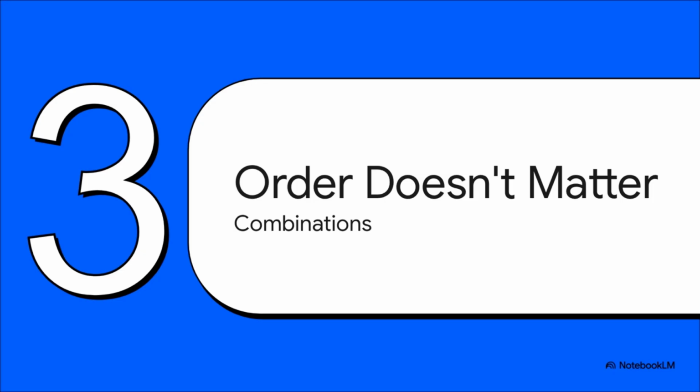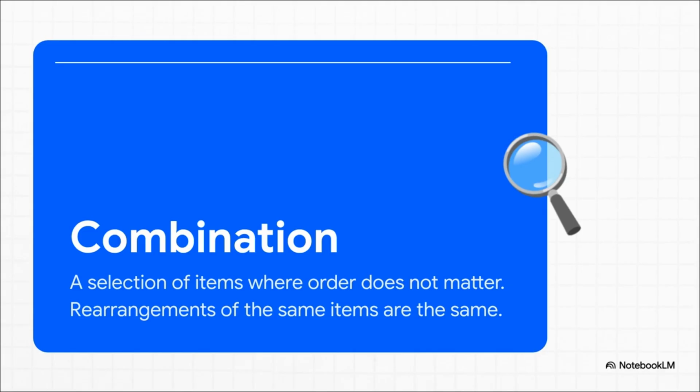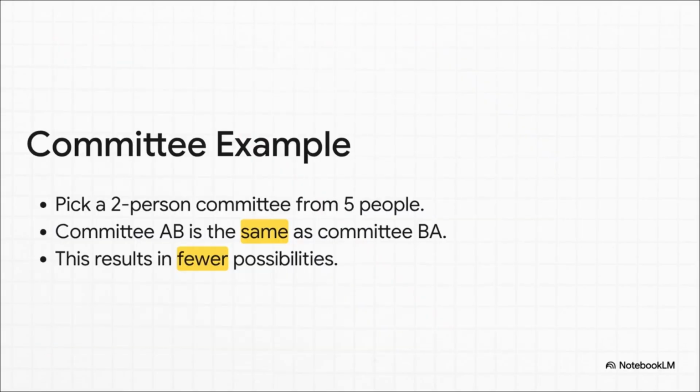Welcome to the wonderful and slightly simpler world of combinations. A combination is just a selection of items. Think of it like a group where the order is totally irrelevant. It's like picking a team for a project. If you rearrange the names of the people on the team, it's still the same team, right? Let's go back to our same 5 people, A, B, C, D, and E. But this time, instead of president and VP, we're just picking a simple 2-person committee.